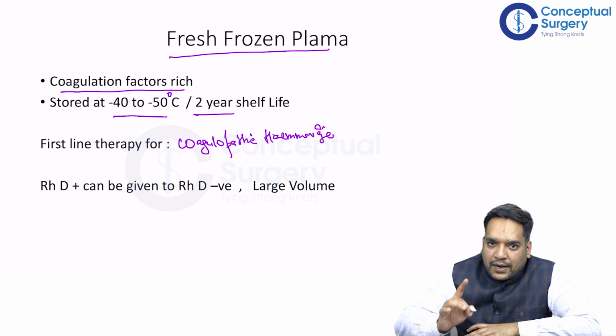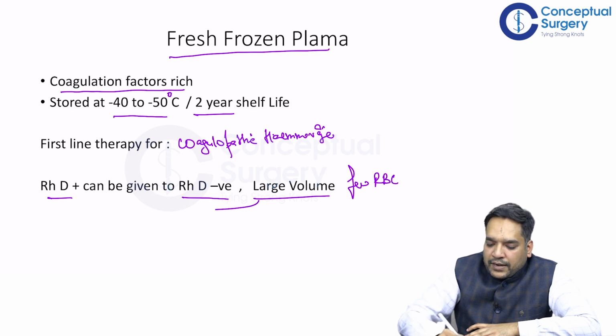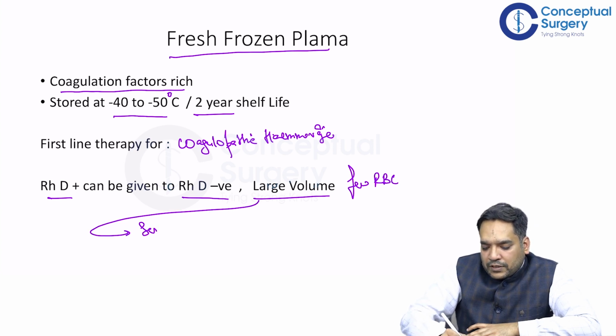It is important to know that RH positive FFP can be given to RH negative patients, but a large volume of FFP may contain a few RBCs, right? This can lead to seroconversion.